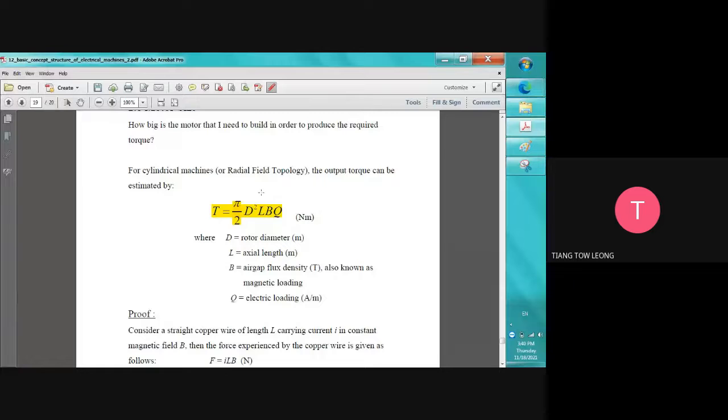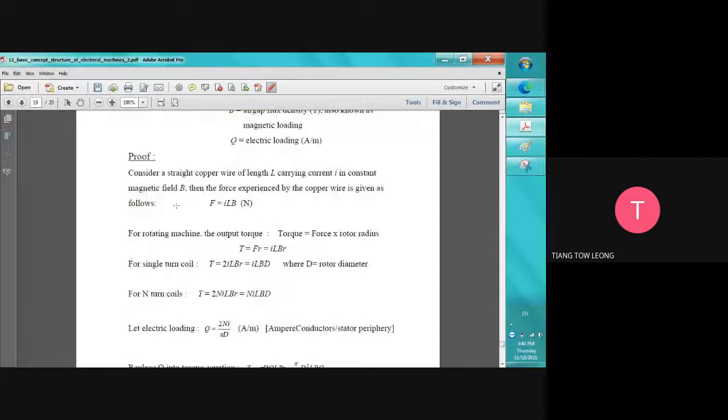So usually we use this equation, where we already know the rotor diameter, the axial length, the air gap flux density, and also the electrical loading. Then we calculate to find the diameter that we want.